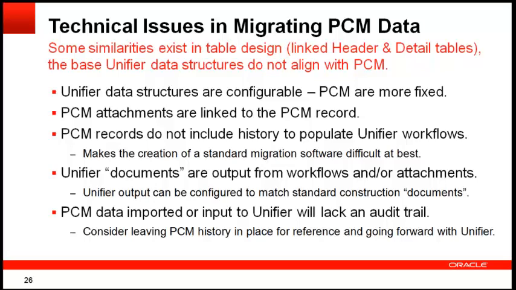I keep talking about the audit trail. Well, if you don't have the information in the system, there's not much of an audit trail. And there's not a lot of audit trail to pull out of PCM to put into Unifier. So it makes the creation of any kind of a standard migration software difficult.